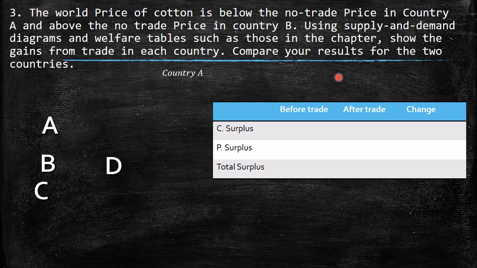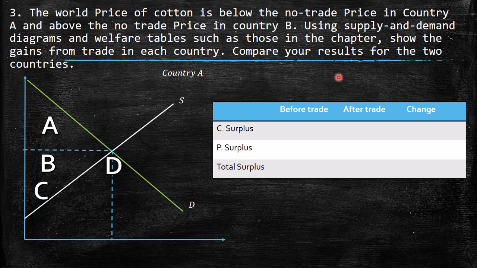So we will start with country A. Country A faces this situation. They have P star and Q star as the equilibrium, and they will have PT, which is lower than P star, and we will proceed as in the previous example of the first one, the orange and the wine.